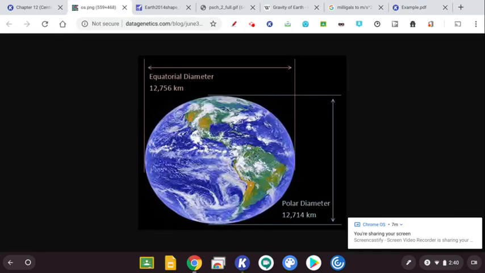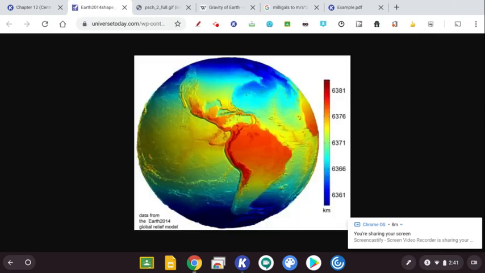Here are some equations here, and you could see on the screen that we're not talking about a very large difference between 12,756 kilometers and 12,714 kilometers, but it is a little flatter on the top than it is other places. That difference, that radial difference, is shown in another picture.